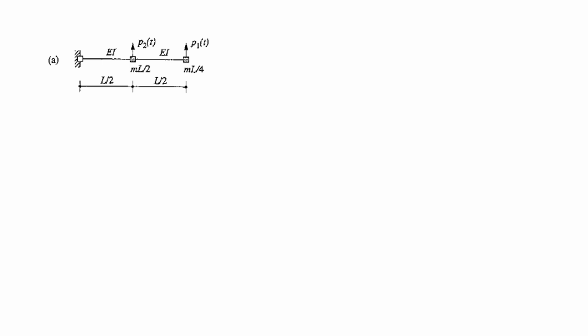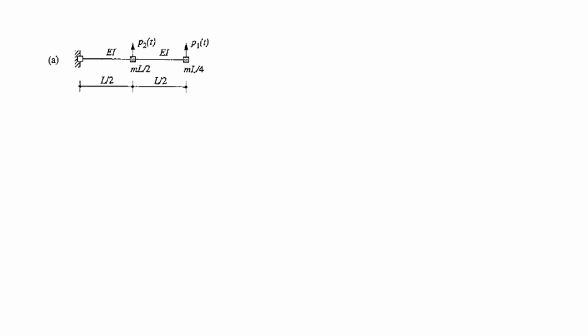The flexural rigidity of the uniform beam is EI, with the 4 degrees of freedom chosen in this figure, and the applied forces P1 and P2. What we are going to first determine is the equation of motion, and next we are going to apply the static condensation to solve the equation of motion for determination of the ut's.